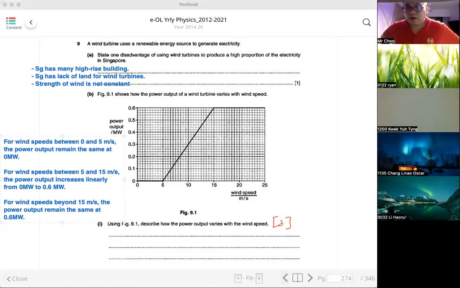Okay, Wei Kwan, what is the word you used? Proportionally. If you are using the word proportionally, then you will not get the mark. It will only give you 2 marks. Okay, let me explain to you.